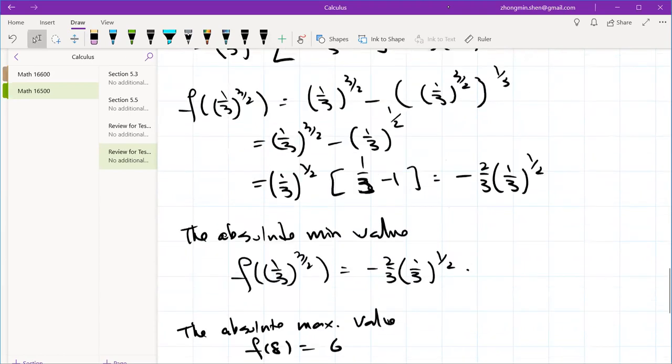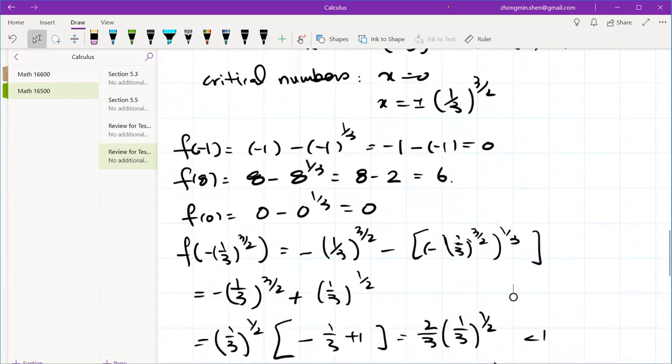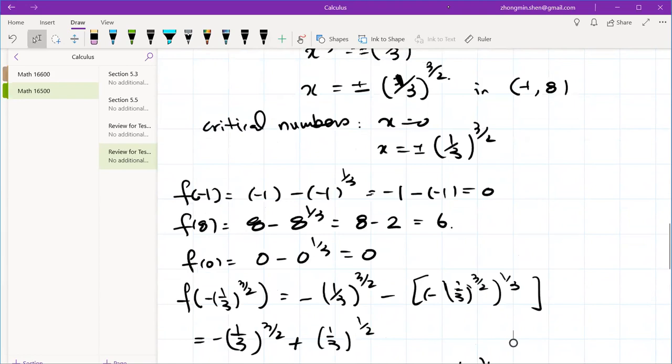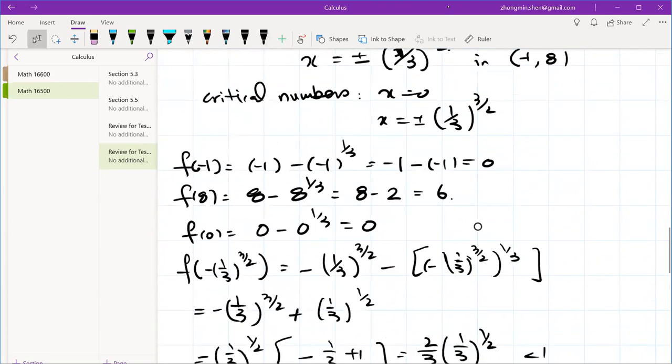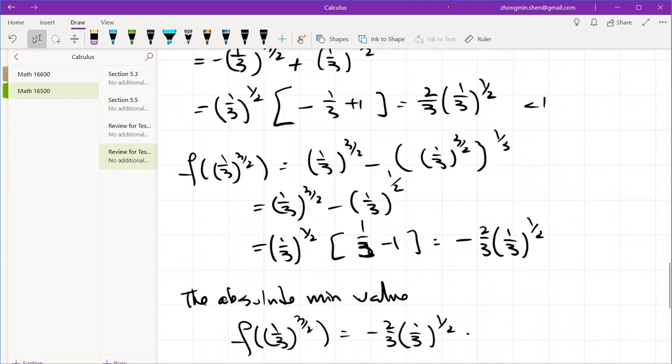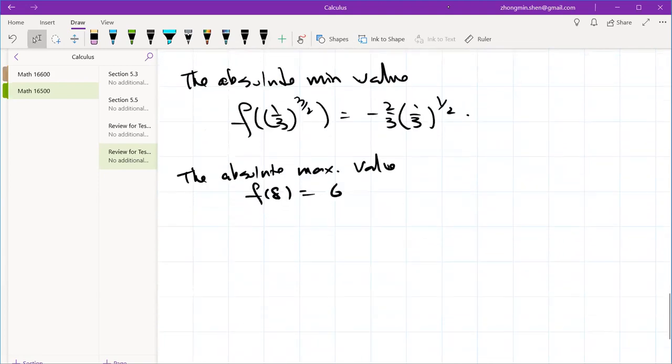So let's go back to this problem. All you have to do, be careful, is to find all the critical numbers. Make sure the function is differentiable everywhere. If not, then that particular number is also a critical number. Then you find the 2 critical numbers in this case, and you get a total of 3. Then you evaluate and compare the values.